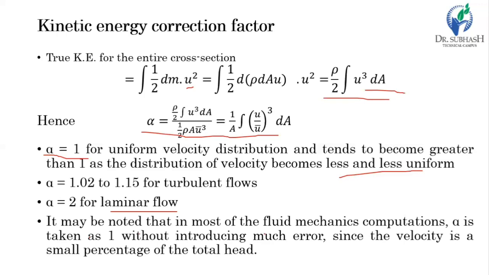It may be noted that in most fluid mechanics computations, alpha is taken as 1 without introducing much error, since the velocity head is a small percentage of the total head. So in most practical applications, we consider alpha as 1. But when you go for any research or development work, then we have to consider alpha. So this is the kinetic energy correction factor.